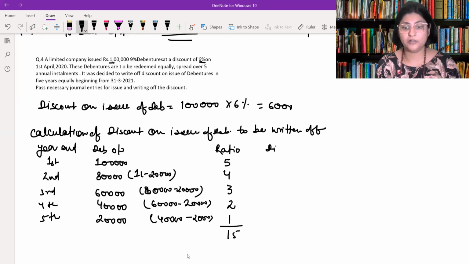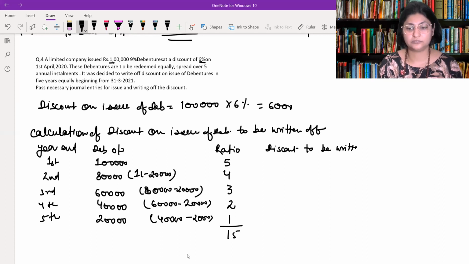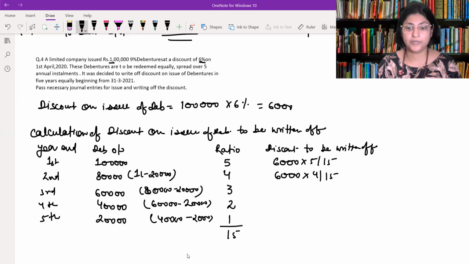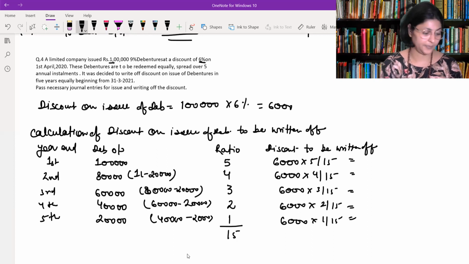So discount to be written off, the entry will be 6,000 into 5 by 15, 6,000 into 4 by 15, 6,000 into 3 by 15, 6,000 into 2 by 15, and 6,000 into 1 by 15. Okay, so this way we will do the entries. The amount will be found out this way.